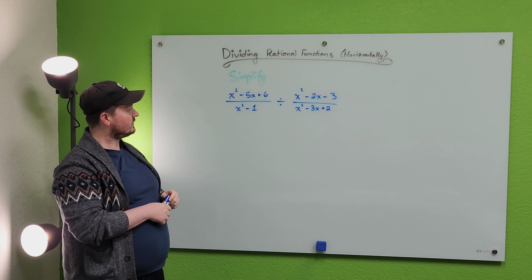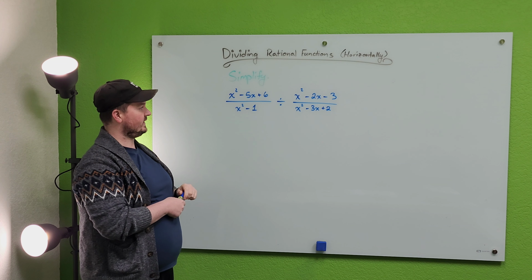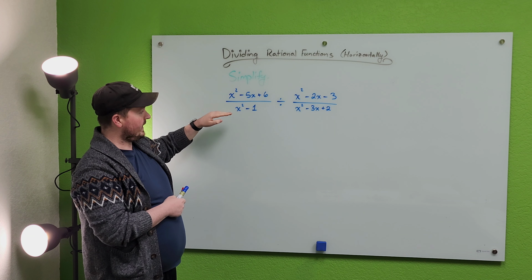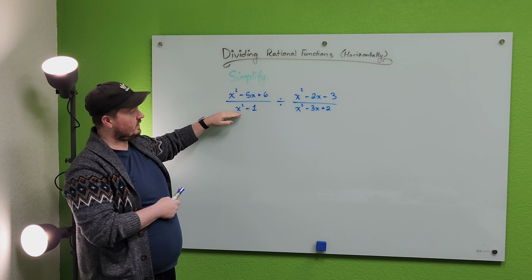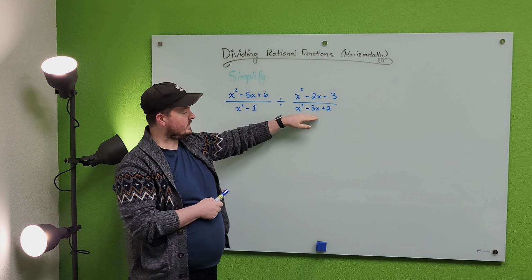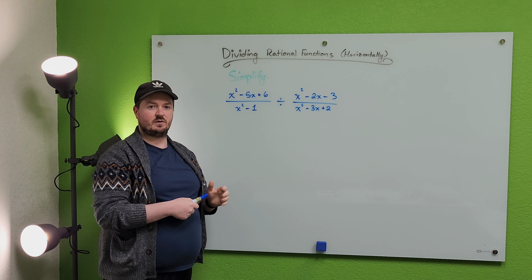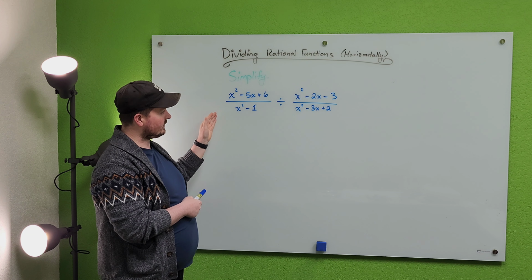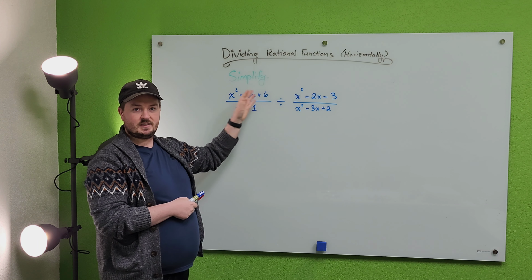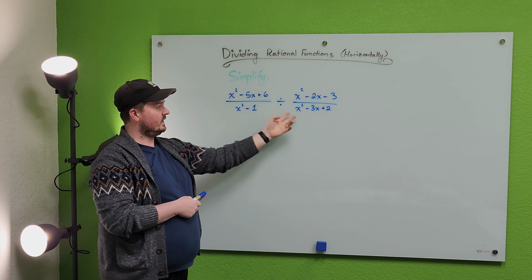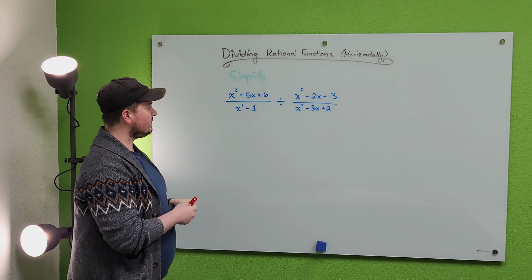So before we dive into simplifying, it wouldn't hurt to find out what x values make this denominator become 0, this denominator become 0, and this numerator. The way we do that is we factor everything in this expression and then solve for the values that make these pieces become 0.